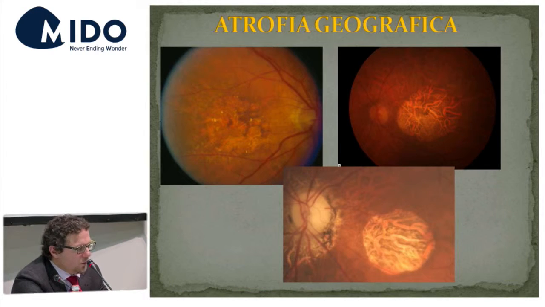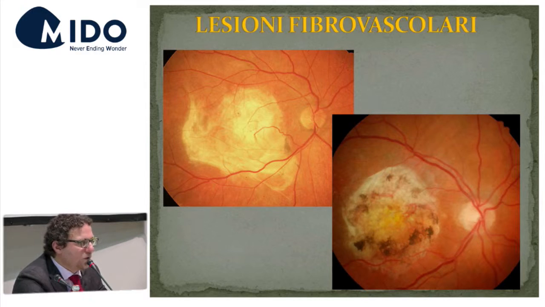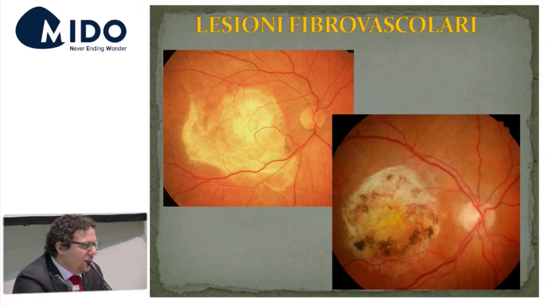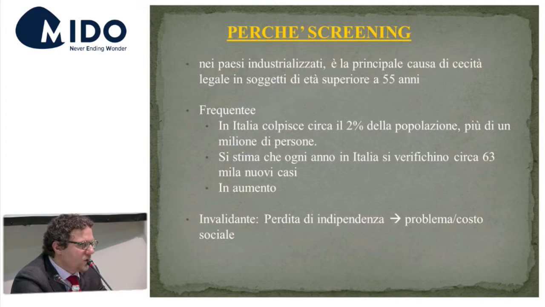Therapy doesn't improve visual acuity, and atrophic conditions where sight loss is a bit more gradual. In evolved neovascular forms, we have scar tissue that invades the posterior pole macular region. Such patients don't see so well, and they need visual rehabilitation.